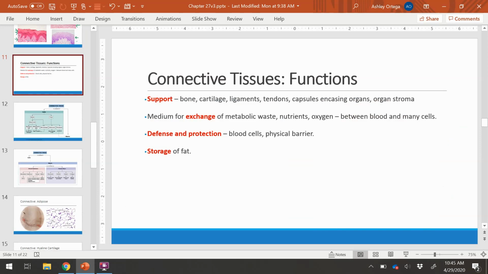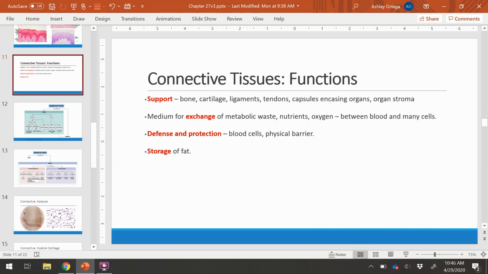So connective tissue has a lot of different functions. This is the most diverse tissue type. As we'll see in these next images, I'll point out what to really focus on. But in terms of overall ideas of function, this page is great in that you can see it functions in support.